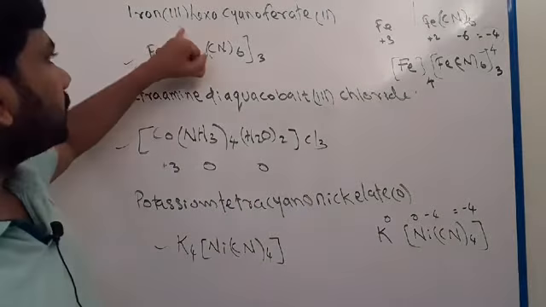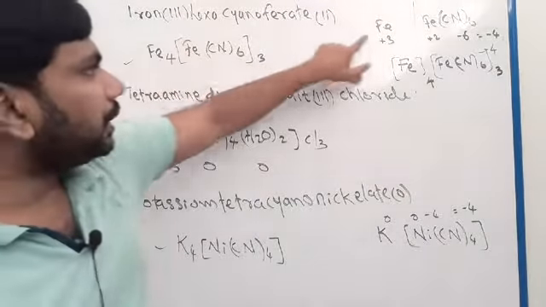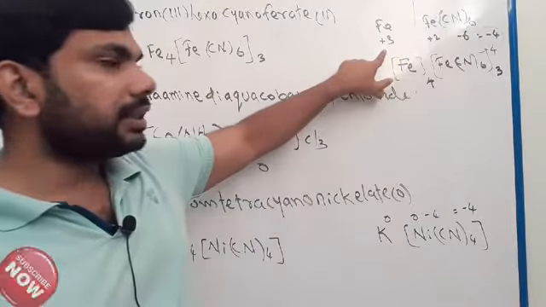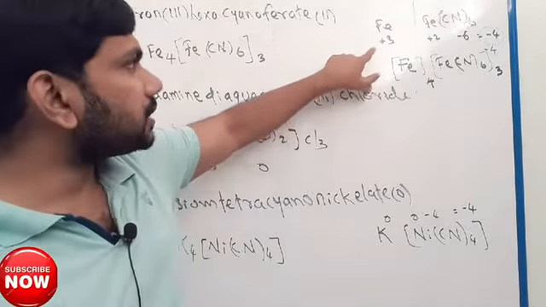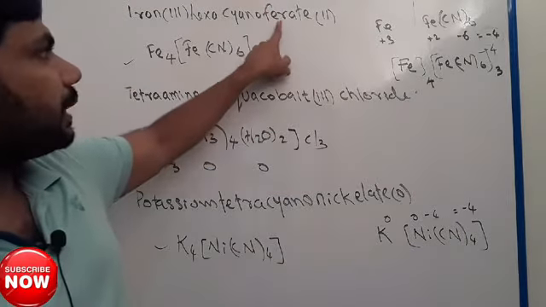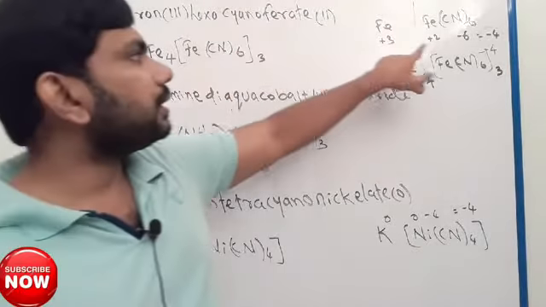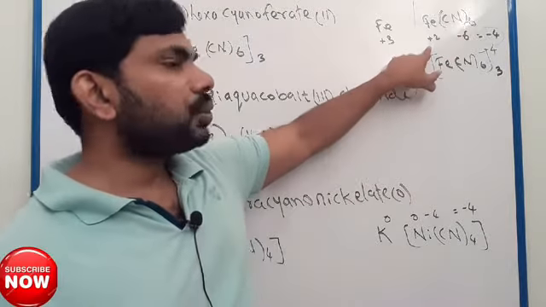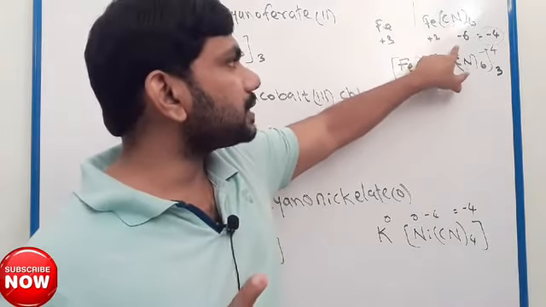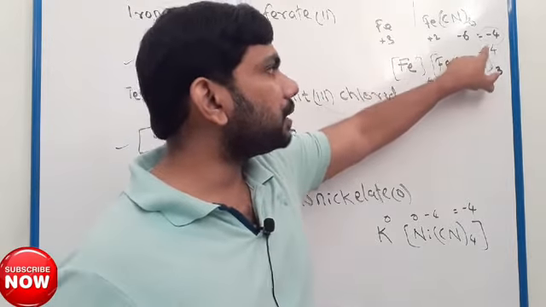So I will repeat once again. You have iron(III) hexacyanoferrate(II). Iron, its oxidation state is already given, it is +3. And in hexacyanoferrate, the oxidation state of iron is given as +2. CN is -1, so -6, here 6 CN. +2 -6 will be -4.